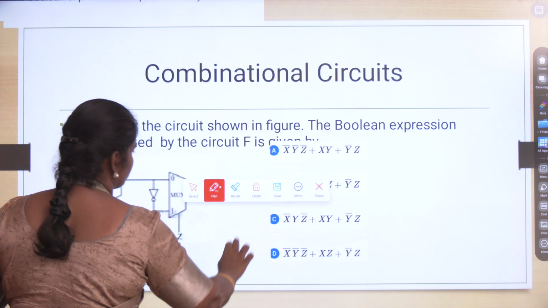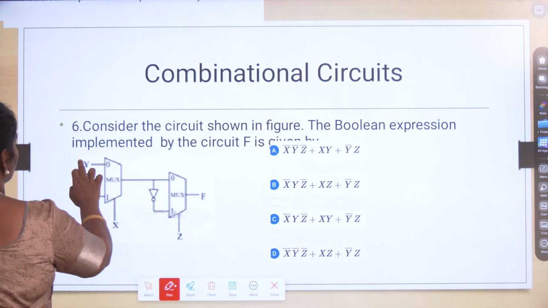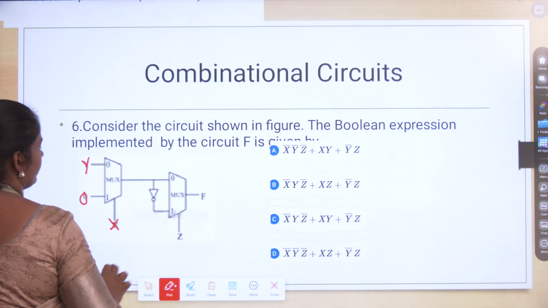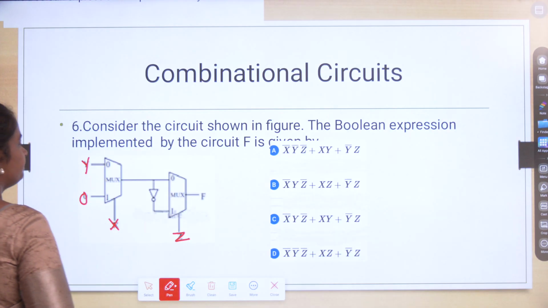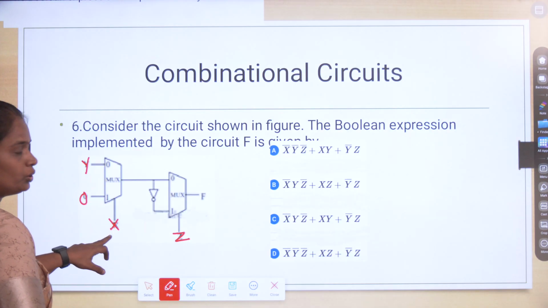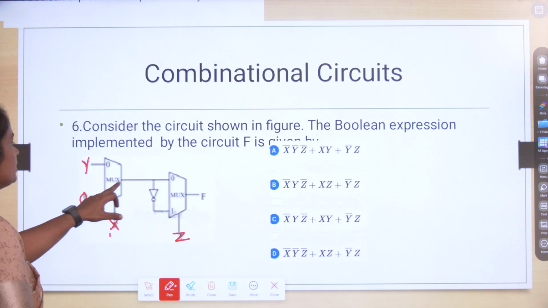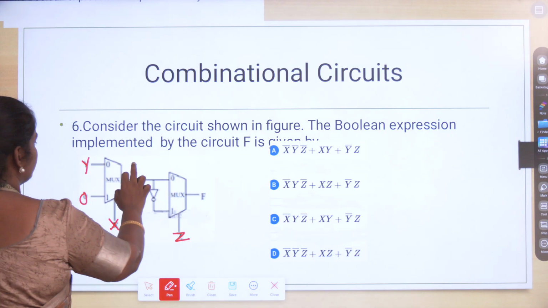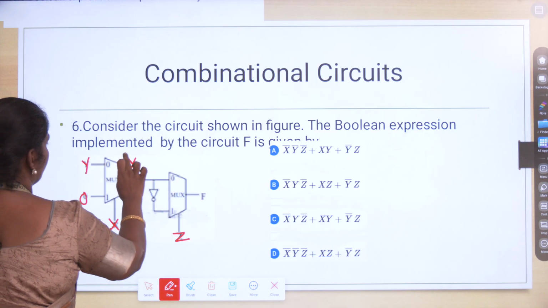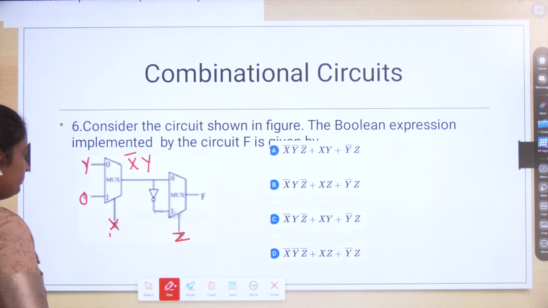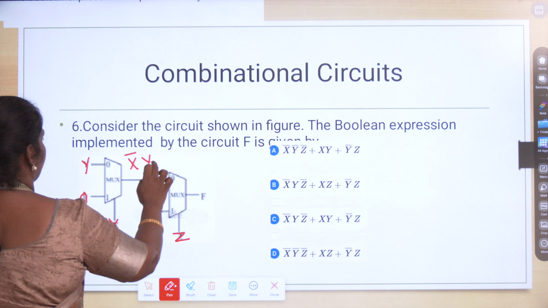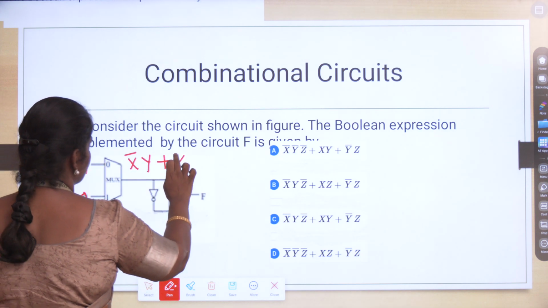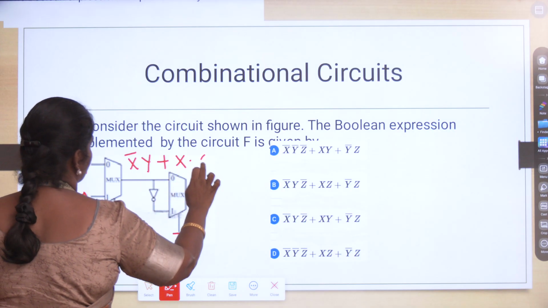I will solve this problem. Here the inputs are y and 0, with x as the select line, and the second multiplexer has z as select. If your x value is equal to 0, then y is connected to this output. So you can write x bar into y plus, if the selection line is equal to 1, that is x into this 0.